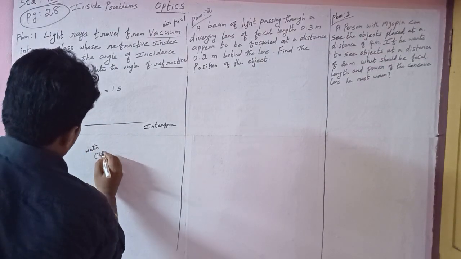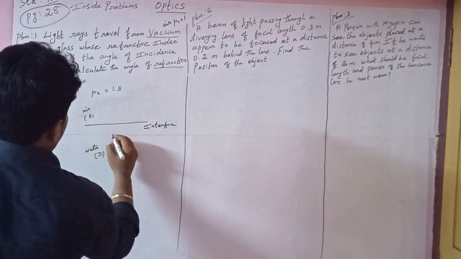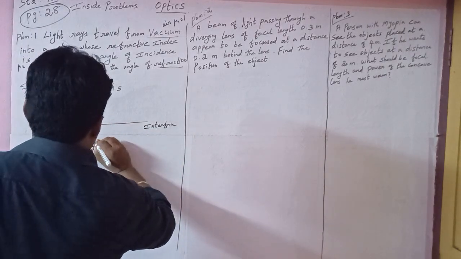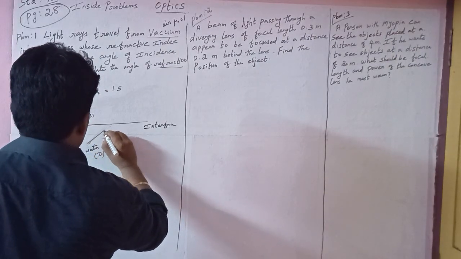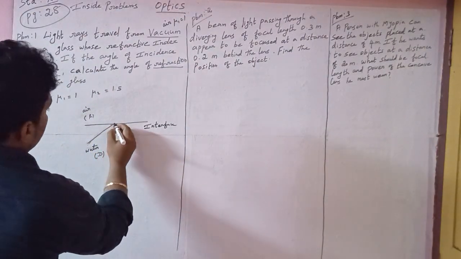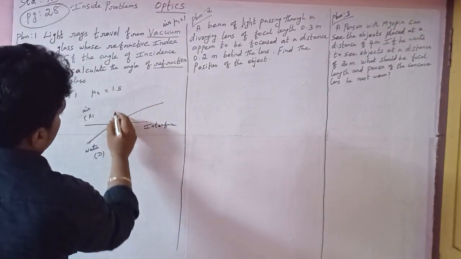Water is the denser medium, and air is the rarer medium. So we pass the light ray. The light ray travels from the rarer medium to the denser medium. It will bend. The bending of the light ray is called deviation.